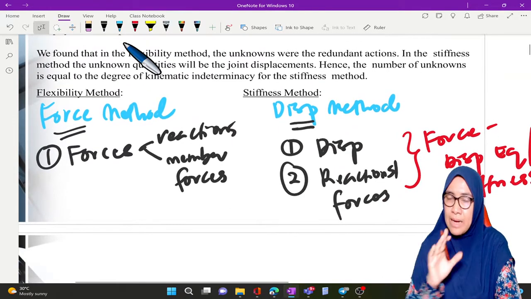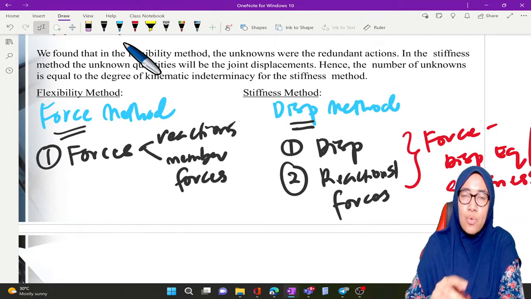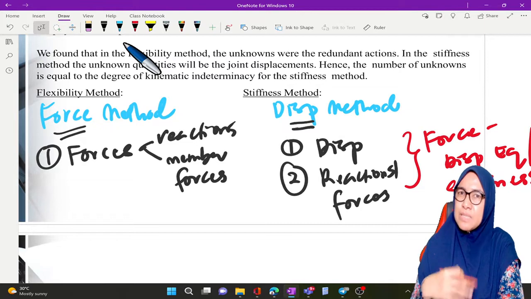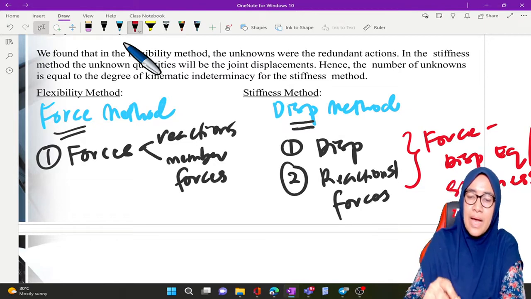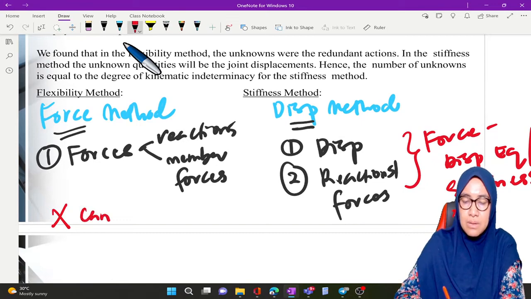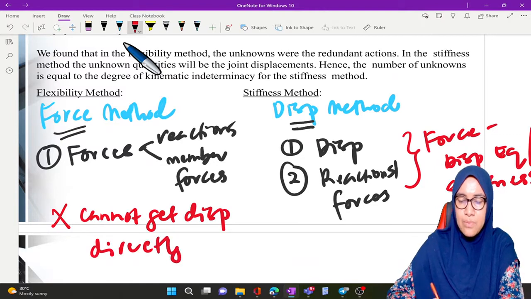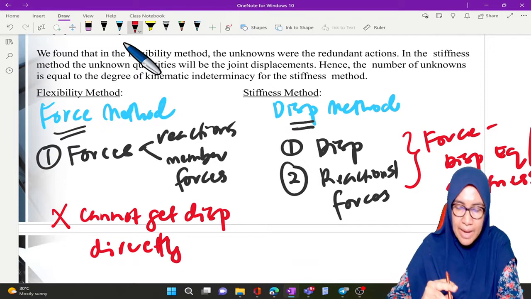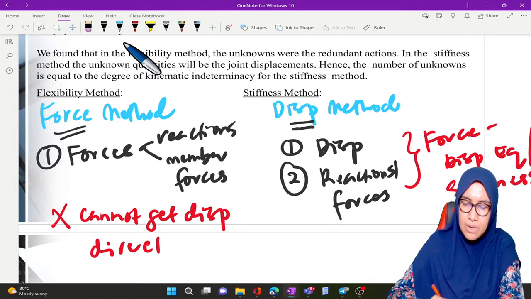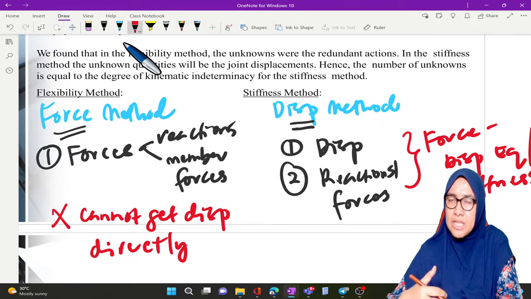However, under the force method, under the flexibility method, we cannot get displacement directly.